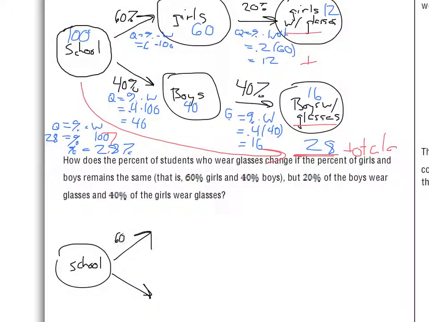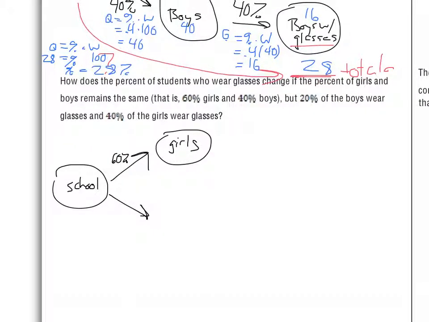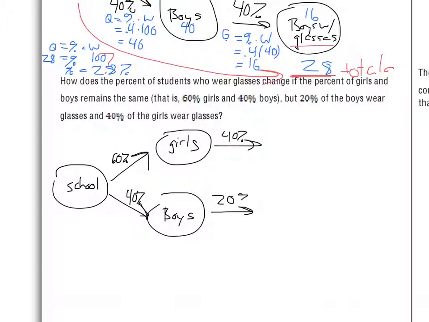So 60% is our girls, and 40% is our boys. And of our girls, now we're saying 40% wear glasses, and of our boys, 20% wear glasses.